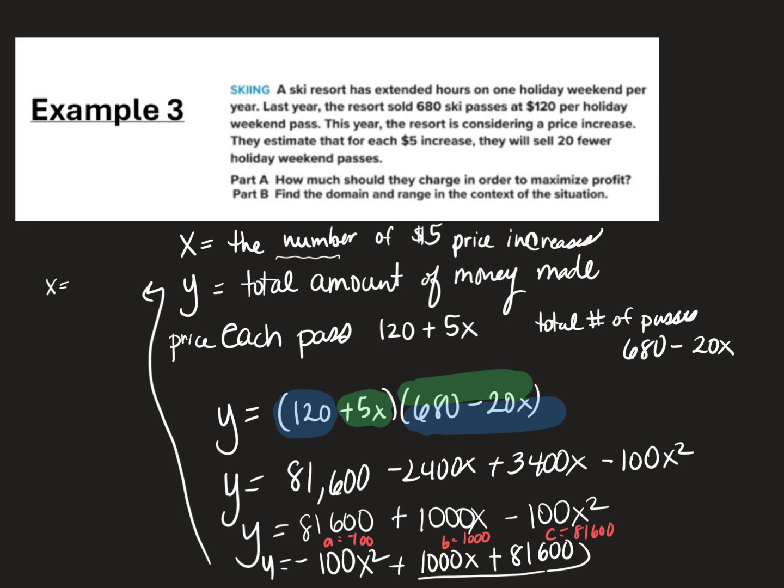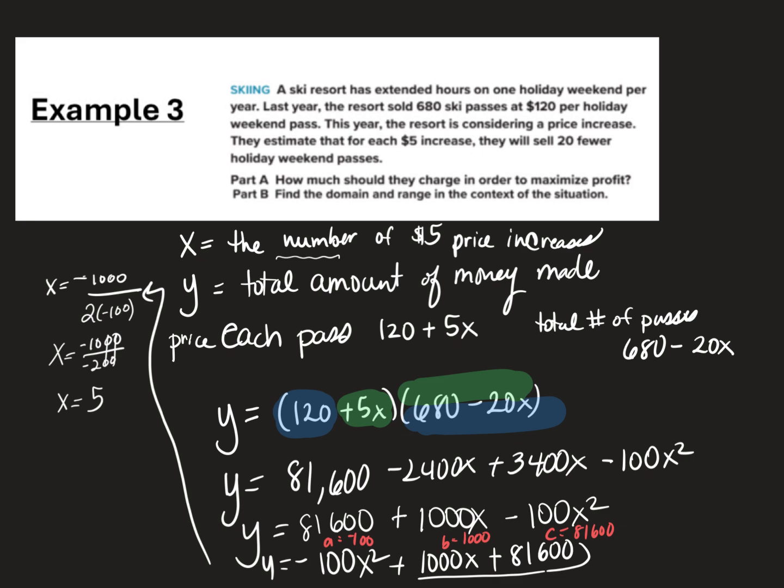So negative B would be negative 1,000 divided by 2 times A, 2 times negative 100. So X would equal negative 1,000, simplify the denominator, divided by negative 200. That's positive 5. So 5 is the number of $5 price increases.